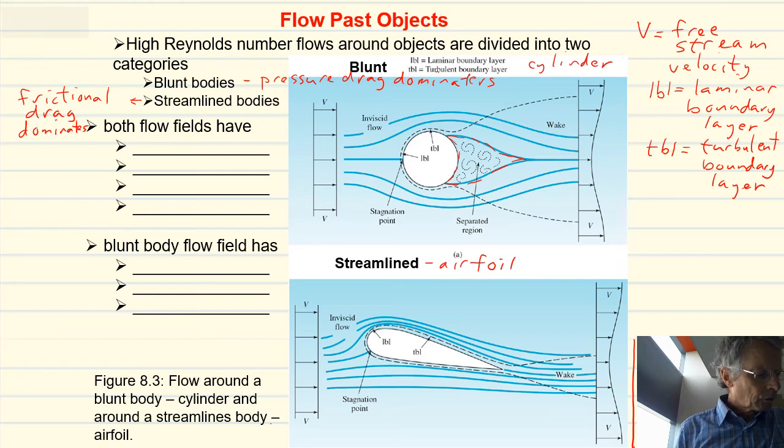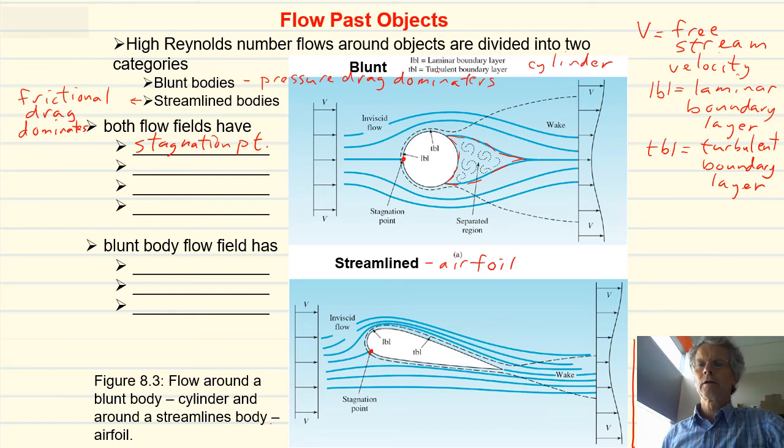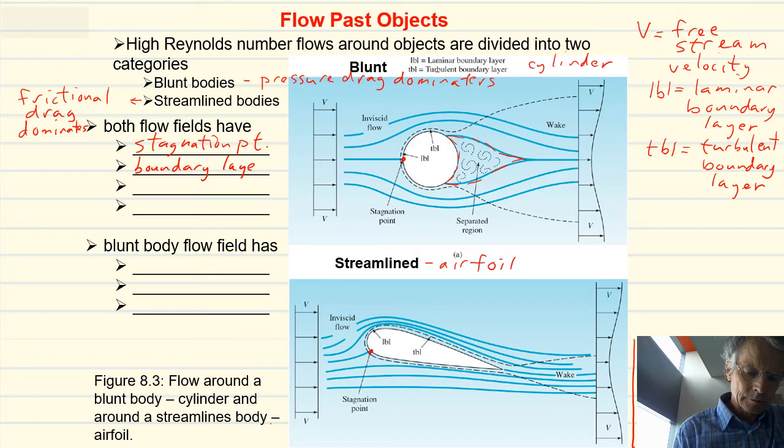So for both flow fields, we are going to have a stagnation point. Okay, the stagnation point on the cylinder is located there. The stagnation point on the airfoil isn't easily located without doing a flow visualization experiment. In this case, it's shown right there. In both cases, we have a boundary layer on the object.